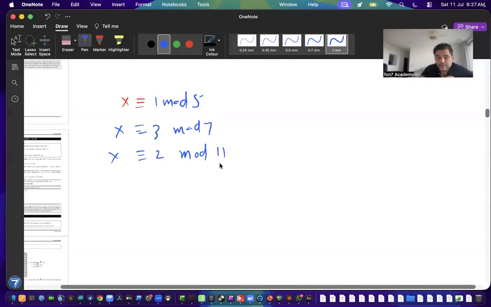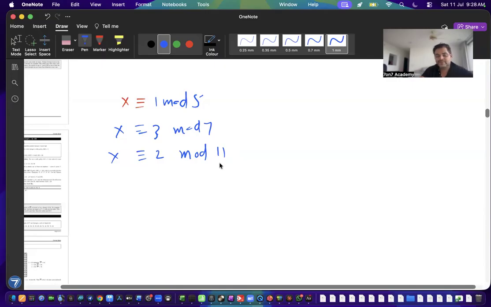You have to find the minimum value of x which fulfills all conditions. What is the question actually? If you divide x by 5, the remainder is 1. If you divide the same x by 7, the remainder is 3. If you divide the same x by 11, the remainder is 2. What is that number which fulfills all conditions?